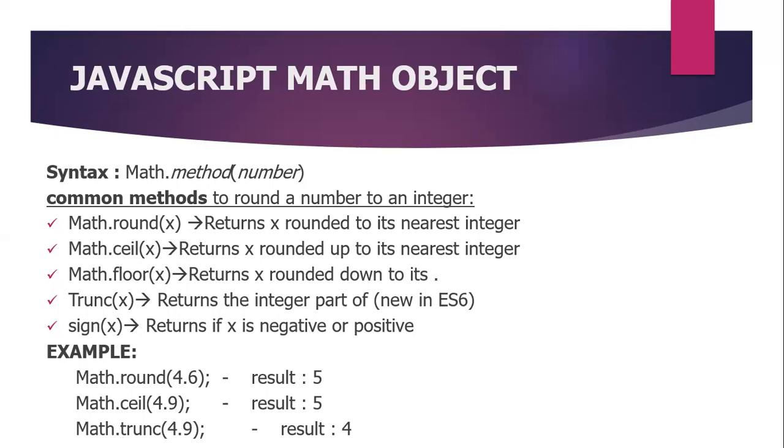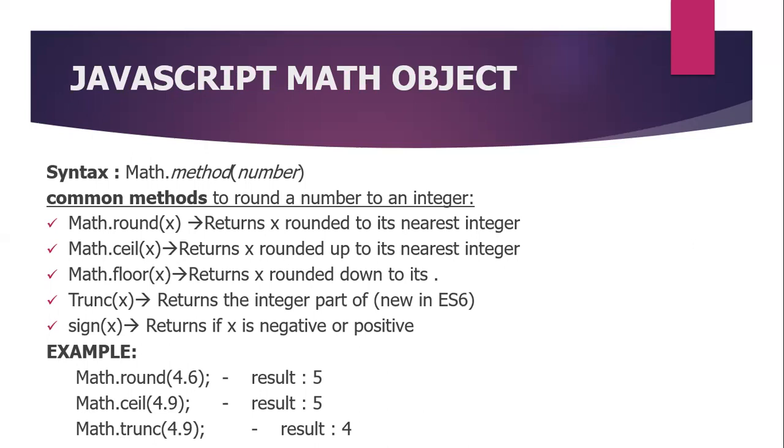Math.floor(x) returns x rounded down to the nearest lowest integer. Math.trunc(x) returns the integer part of x, new in the ES6 edition. Math.sign(x) returns whether x is negative or positive.